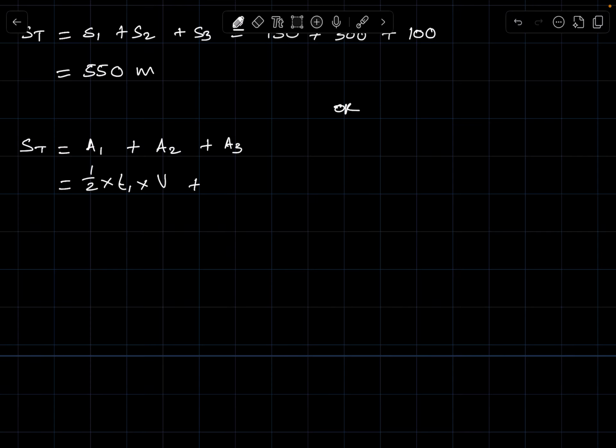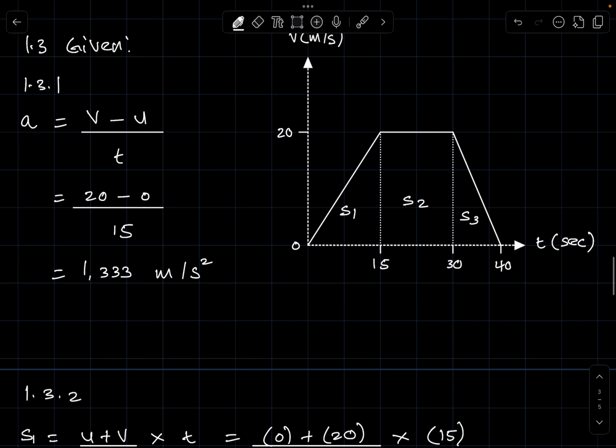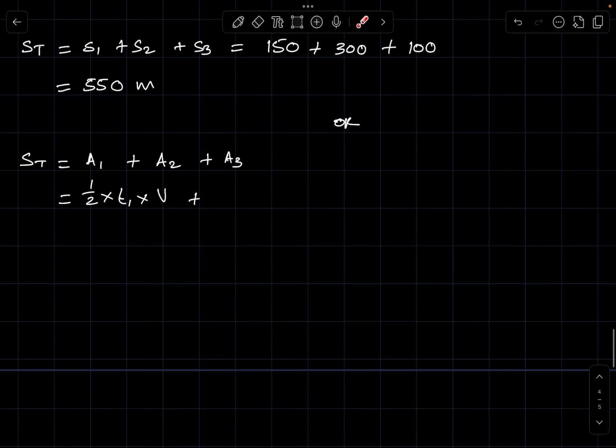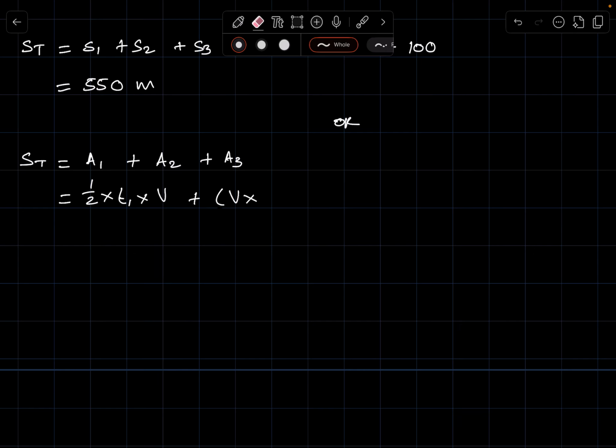Plus area 2 is that of a rectangle. Rectangle is length times breadth. The length here is the final velocity. The breadth is t2 minus t1. So here you have v, which is the length, times the breadth, t2 minus t1.